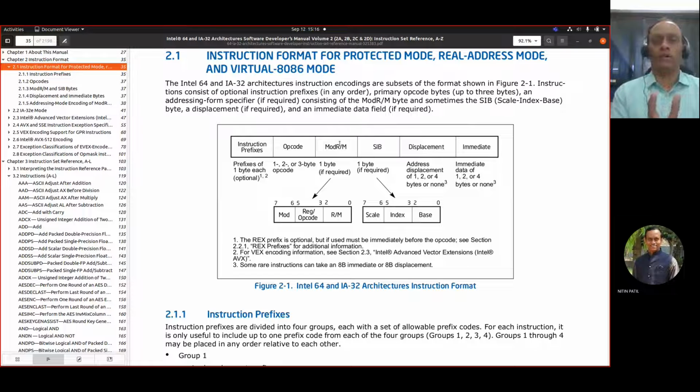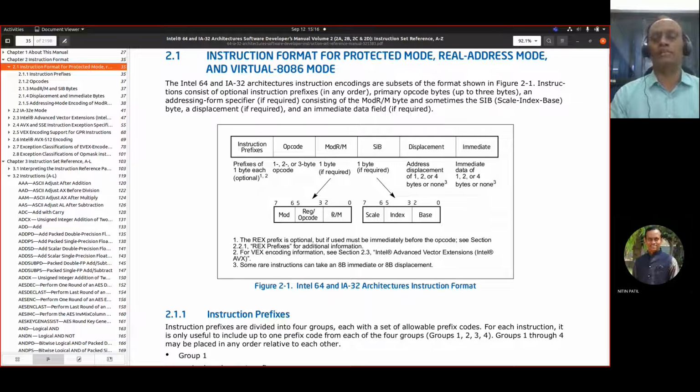Now here, register or opcode. If I look at the instruction format that we are going to use, it would be like instruction destination comma source. So if your source is a register, then it is going to be here. Depending upon whether there is only one operand or something else, and what kind of instruction you are talking about, it may change.